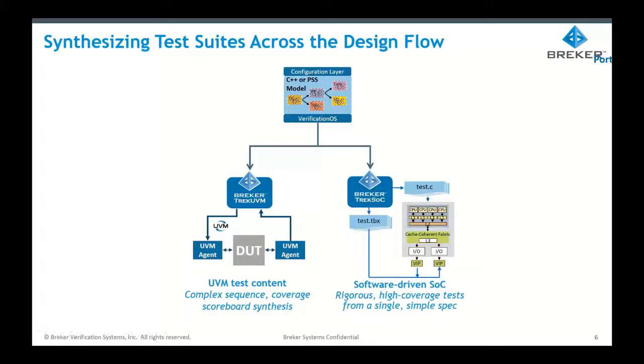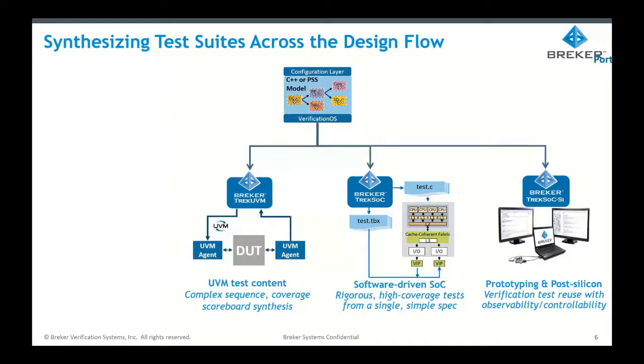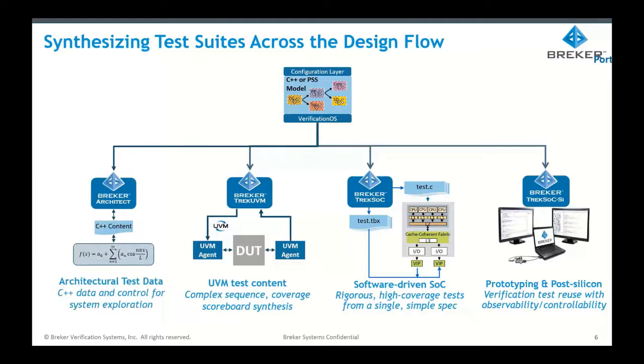On top of the simulation, emulation, and prototyping, we can even go to virtual prototyping. We can also generate code that will be exercised at the architectural level on a virtual platform.